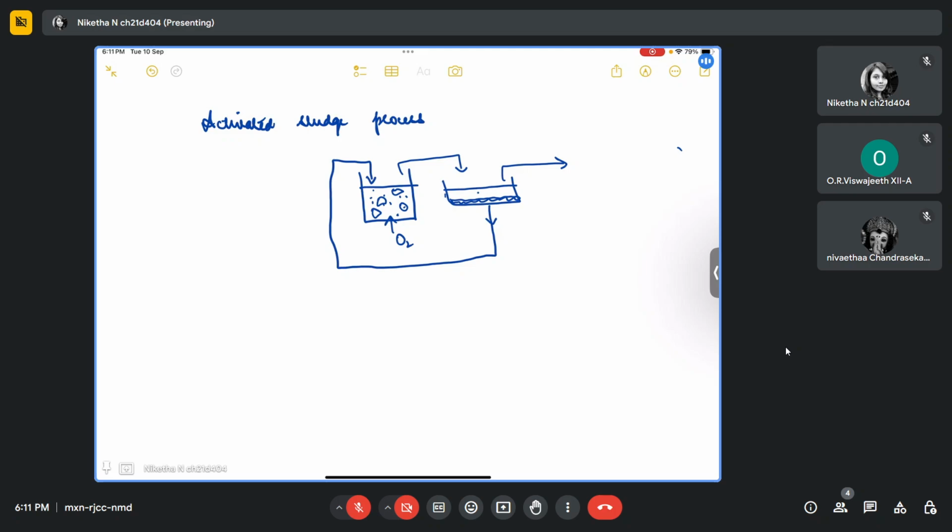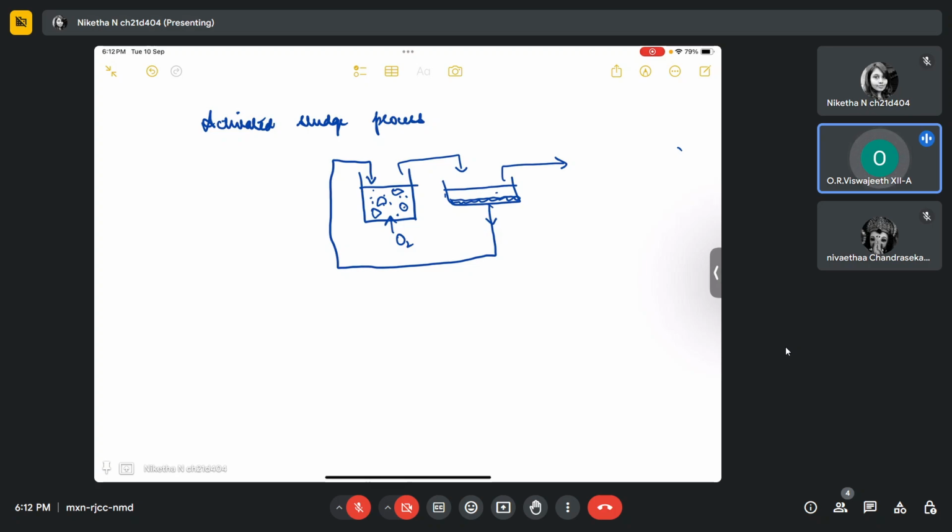Whatever sludge or solid particles are there can be collected at the bottom, and the remaining clear liquid at the top can be sent for the next stage of treatment. Then whatever sludge we get at the bottom of the sedimentation tank is taken and reintroduced into the activated sludge process tank itself, the treatment tank. So, I'm asking, can you tell me one reason why it is done?